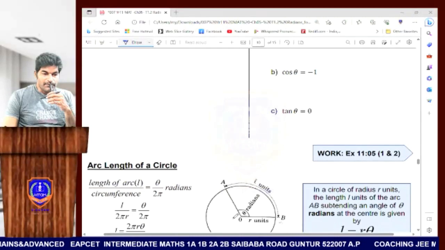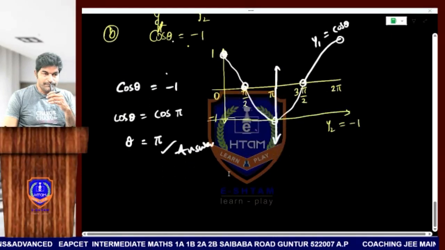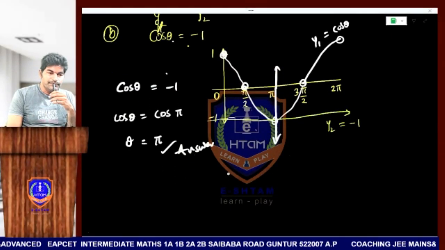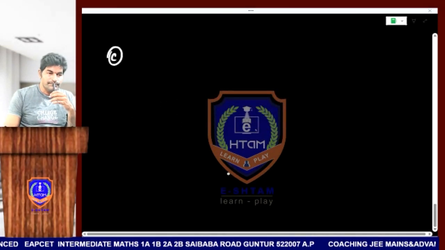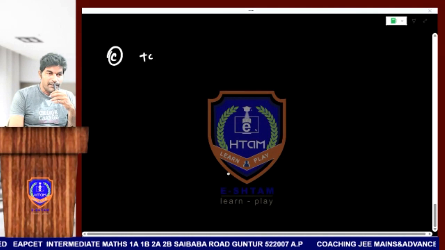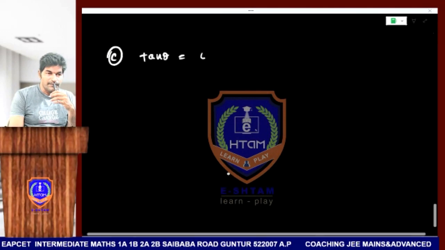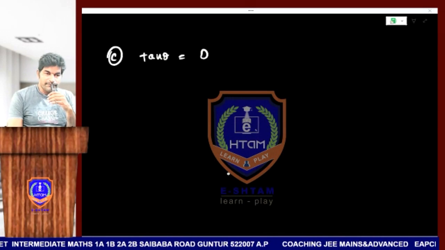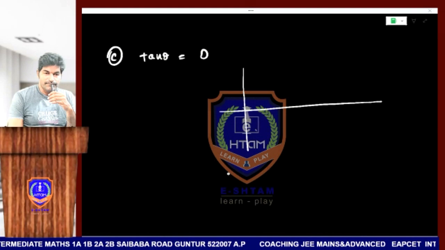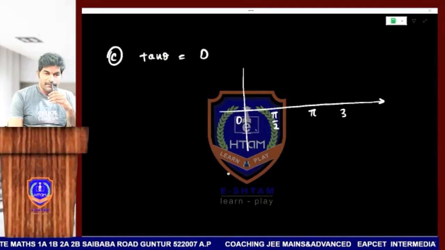Next, tan theta equal to 0. Take the graph. So 0, pi by 2, pi, 3 pi by 2, and 2 pi.